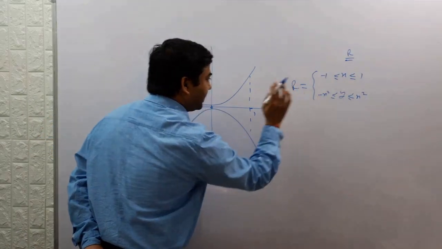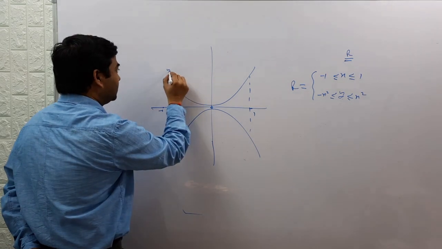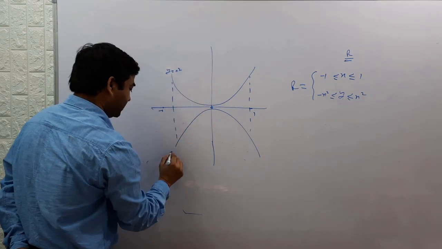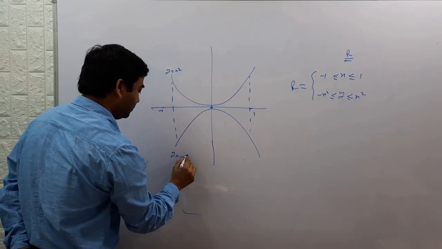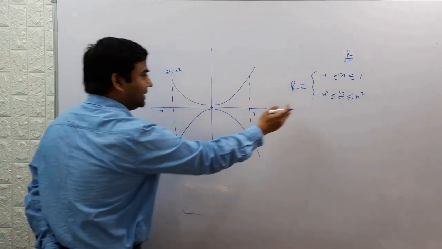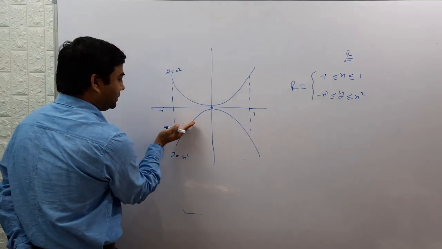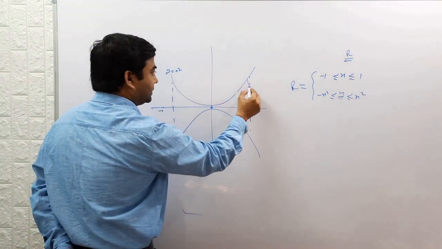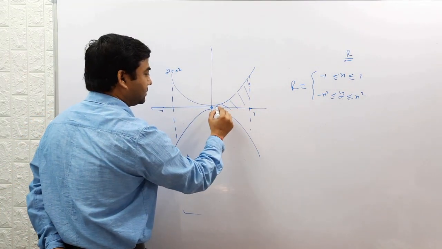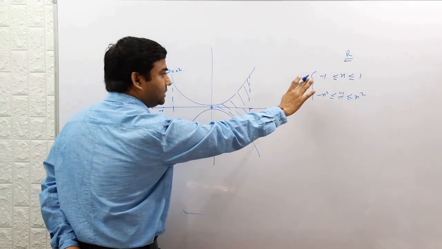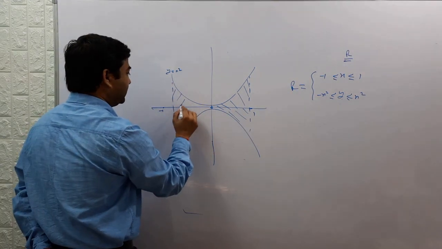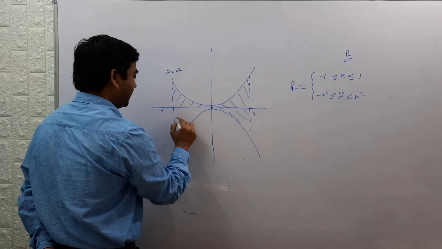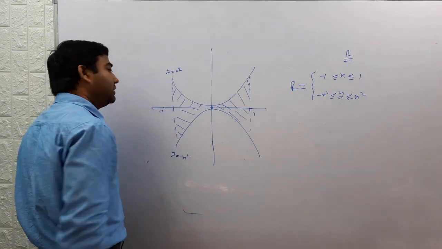Similarly, y greater than minus x square means points above this curve. Satisfying these conditions, the region is shown by this shaded region.